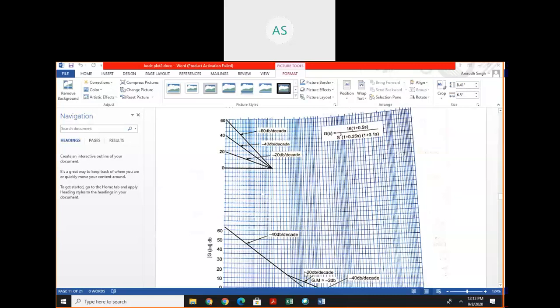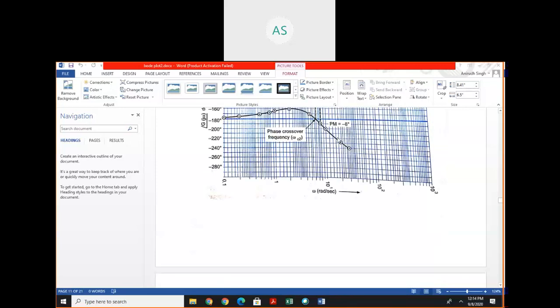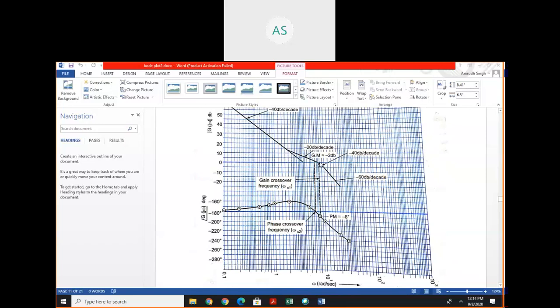So this minus 20 dB per decade slope changes by minus 40 dB per decade, and from the third corner frequency, the second pole is activated. So at the third corner frequency, slope changes from minus 40 to minus 60 dB per decade.